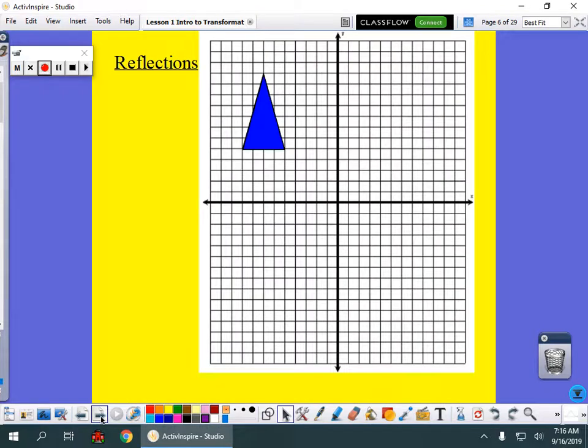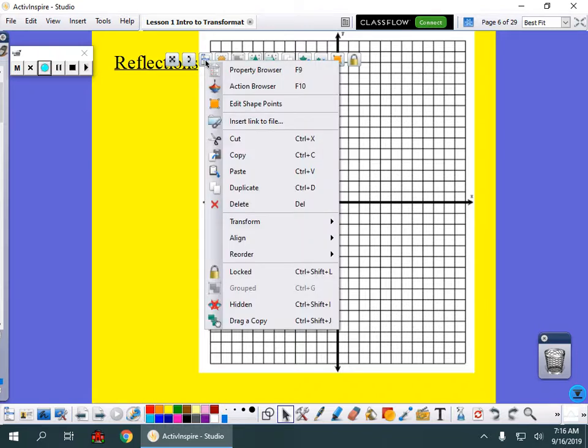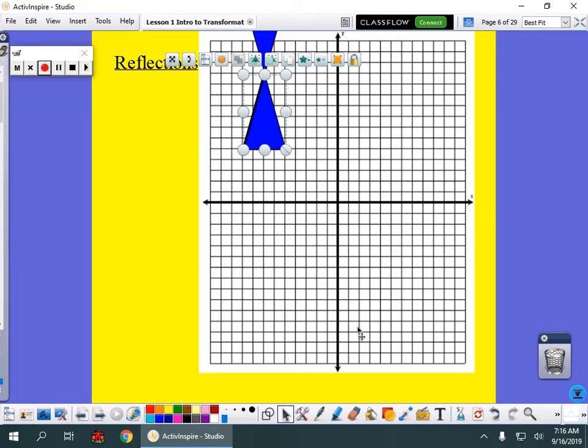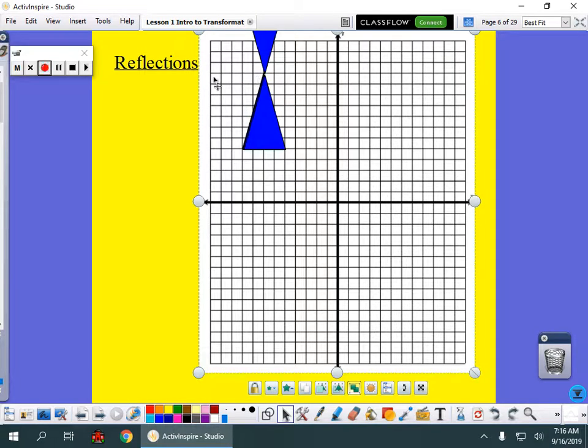All right, so reflections, these are a little harder. So here, that would not be a reflection. In order to reflect, you need that to actually flip over. I can reflect in a mirror in the x. So another way of thinking about it is mirroring, right? So I reflected over this line right here. If we identify that line, 1, 2, 3, 4, 5, 6, 7, 8, 9, 10, 11, 12. So here, y equals 12 is that line.